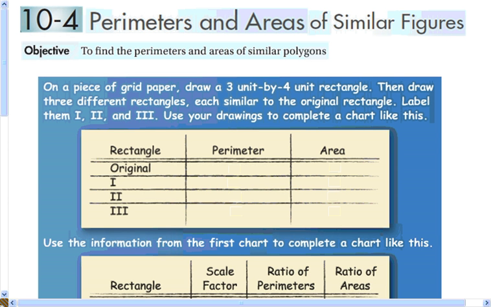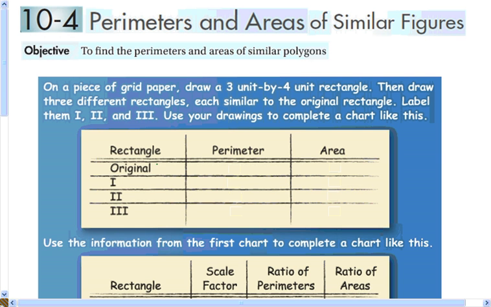All right, I'm going to go through this with you. It's important that you understand the relationship between the scale factor and the ratio of the perimeters and the ratio of the areas of similar figures. So we're going to draw a 3 by 4 unit rectangle, then draw 3 different rectangles, each similar to the original rectangle.